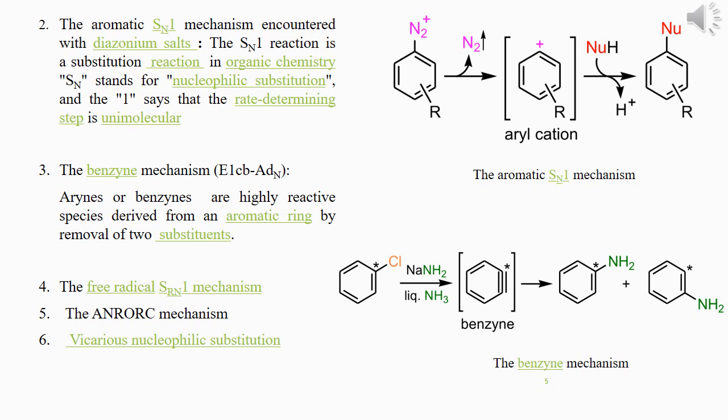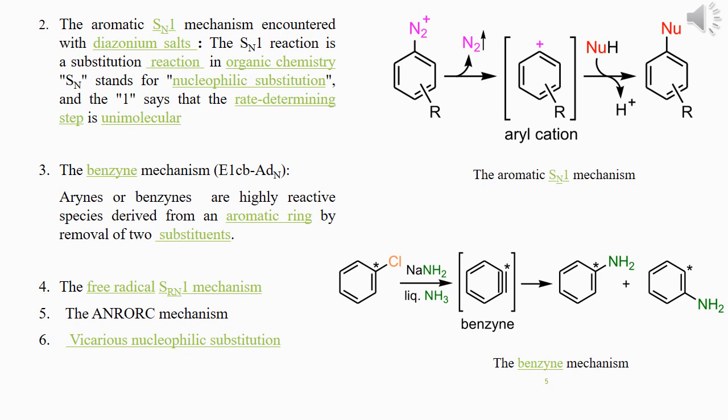But this diazonium compound will lose nitrogen, and nitrogen will be removed from this diazonium compound, and an aryl cation as a result will be formed, and the nucleophile will come and will attack on the aromatic ring and will be attached.